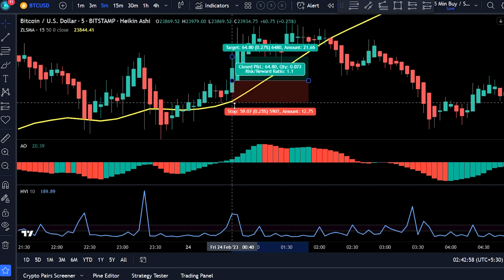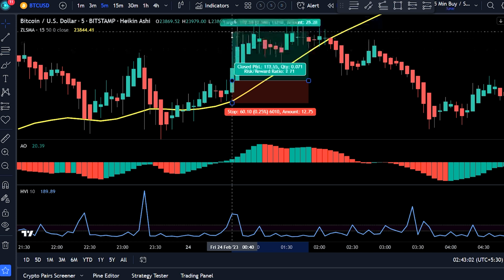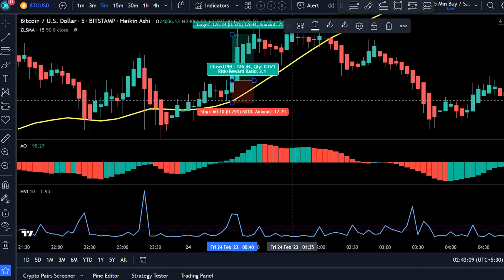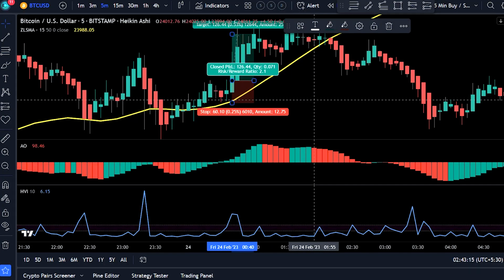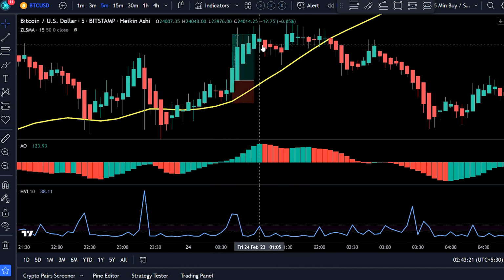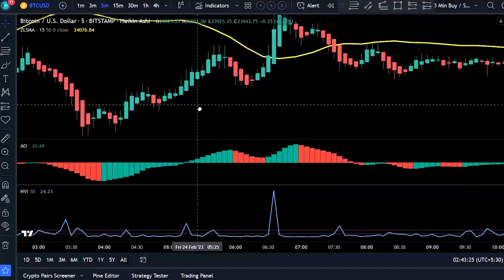We had the last red bar and we can see that the price action easily triggers our take profit target. Then the market moved into a consolidation stage and we didn't get any valid signal to take a trade.